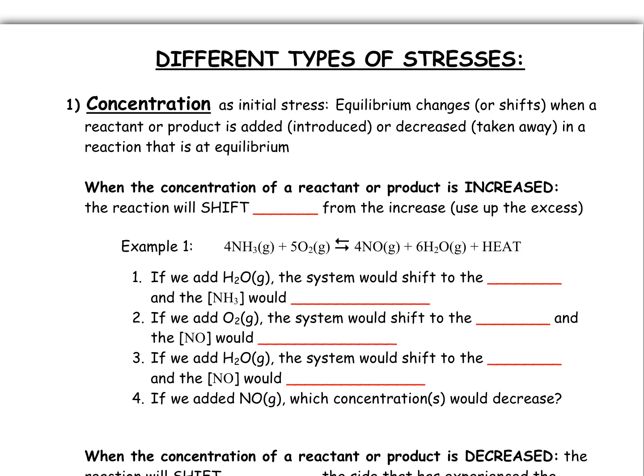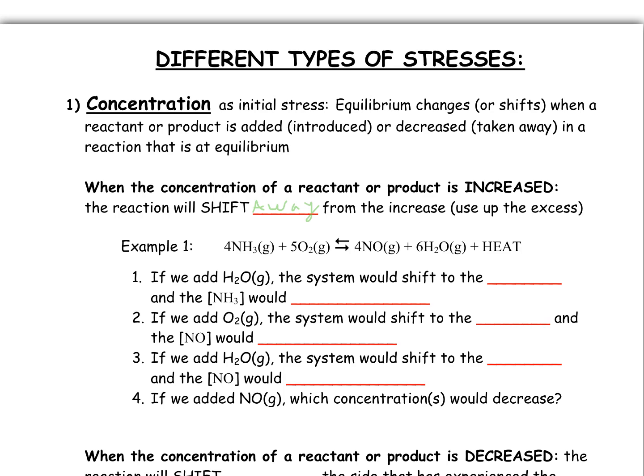There's more of them, collisions are going to happen more often, rate increases. However, if we take away the reactant, there's less of them, they're going to collide less often, and the rate will decrease. Very logical.